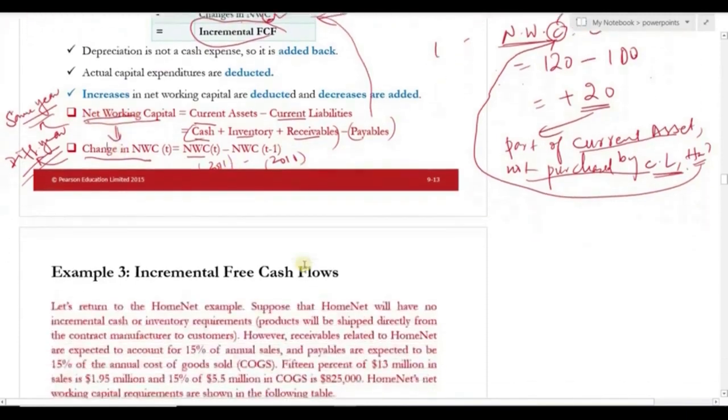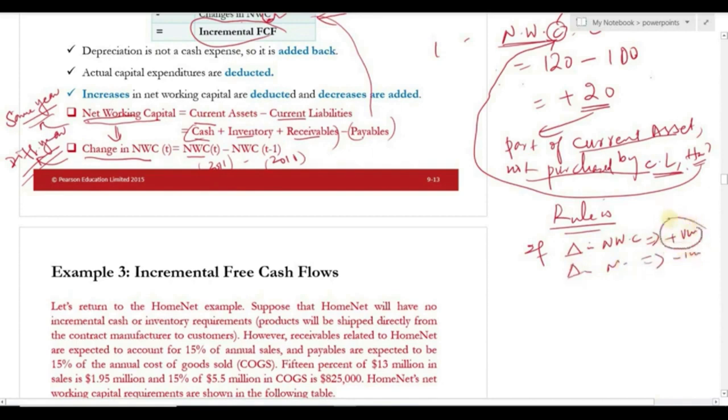Okay, now the rule is: if changes in net working capital are positive, and if changes in net working capital are negative. Positive means what?